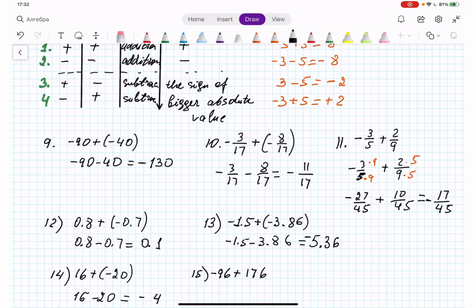It's case number 4, which means we need to subtract 176 minus 96. 17 minus 9 is 8. Here is 0, so 80. And we use the sign of the bigger absolute value. The 176 is plus, so it's going to be plus.